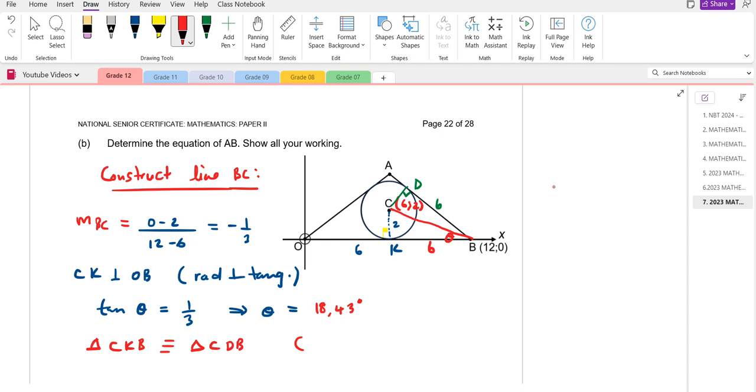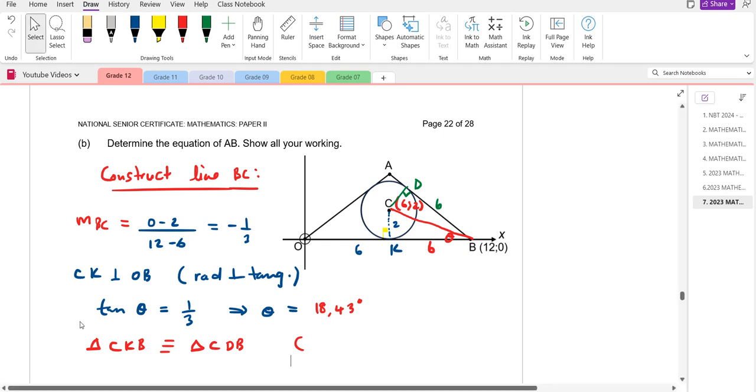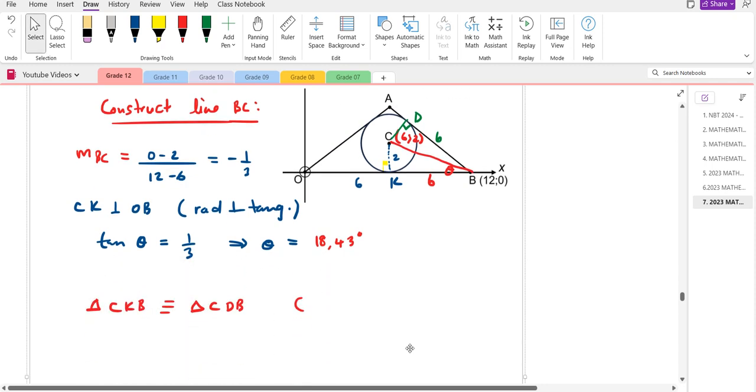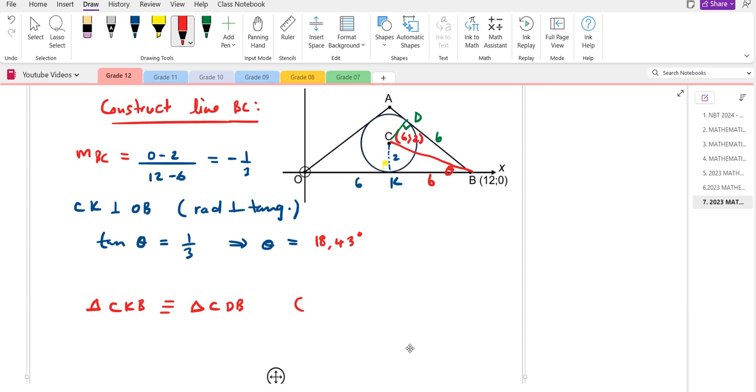Suppose we say these things, right? Let's say CD is perpendicular to AB, because the radius is perpendicular to the tangent.